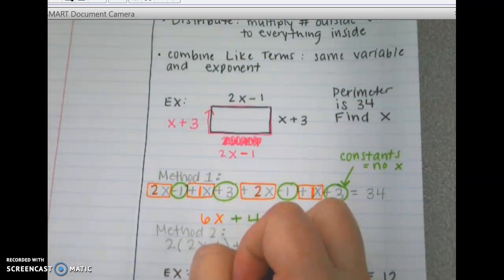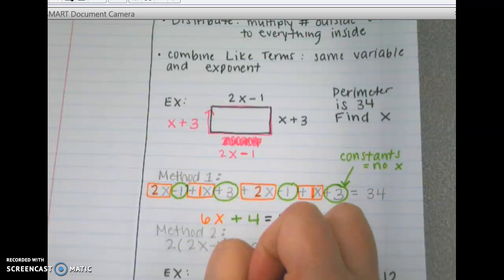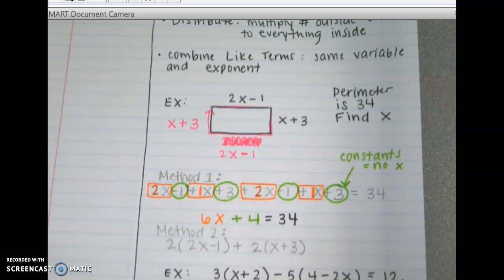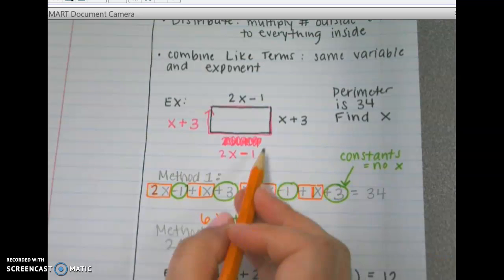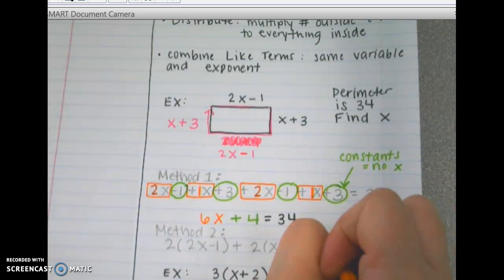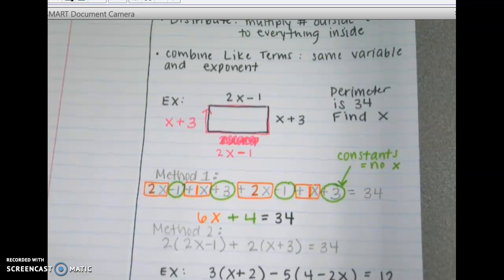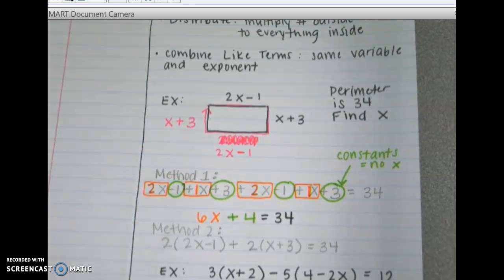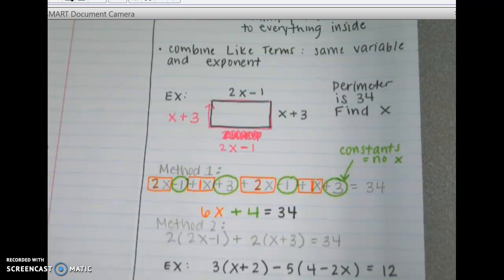Plus the 2x plus 3s. I have 2x plus 3s. And that's going to give me 34. So now I can distribute, which means you multiply the number on the outside to the number on the inside.